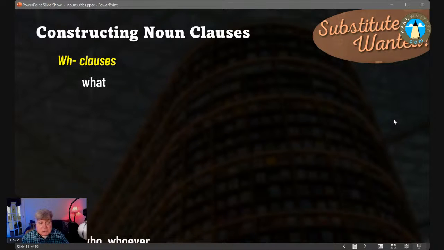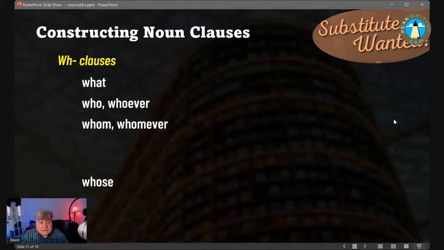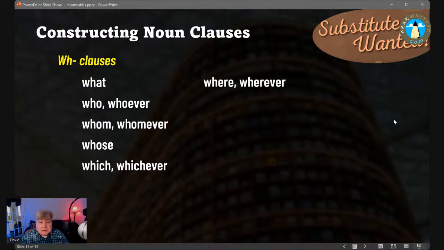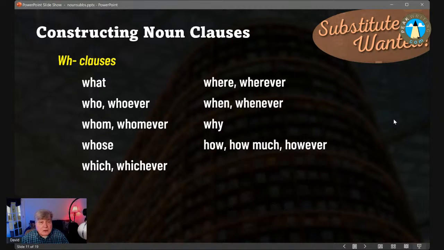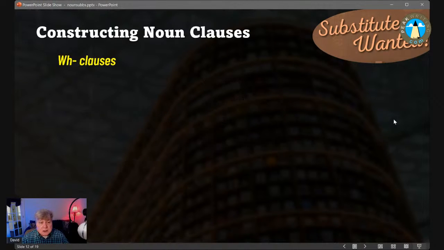The same with WH clauses. These are your basic options here when creating the WH and the how clauses. And all of these can be used to reduce an independent clause into a dependent clause and join the two together for more fluidity in your sentences, more complexity in your sentences while still remaining clear.